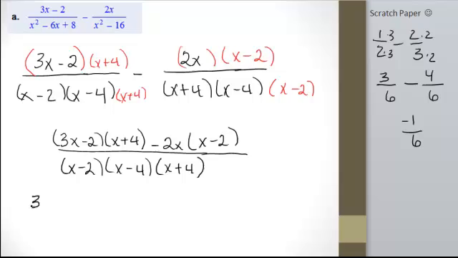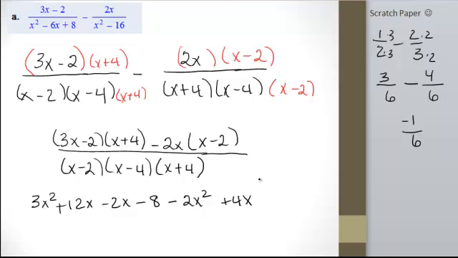So we're going to get 3x squared plus 12x minus 2x minus 8 minus 2x squared plus 4x. And it's all over that denominator.